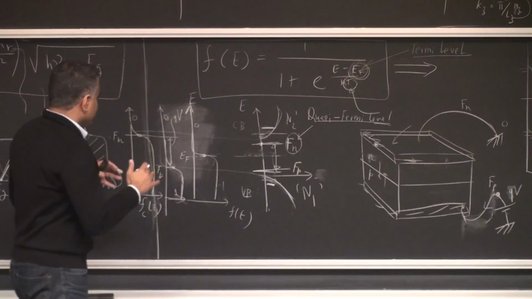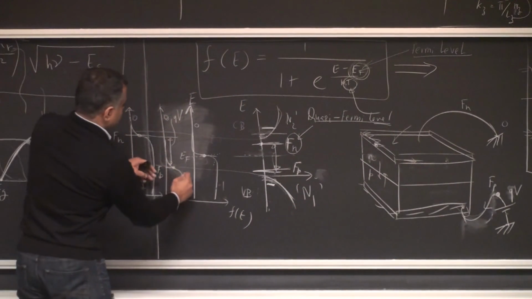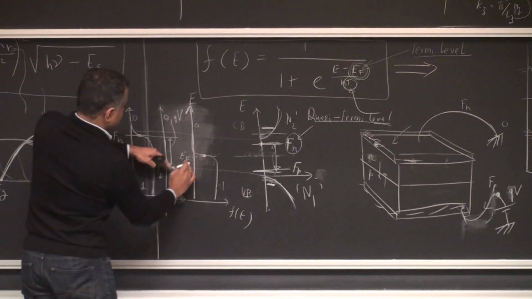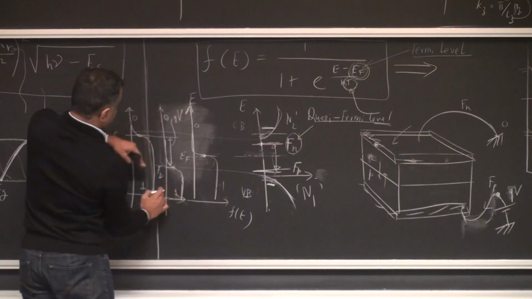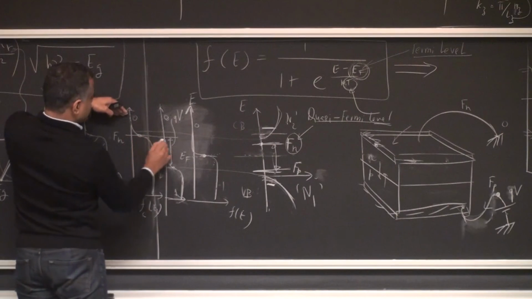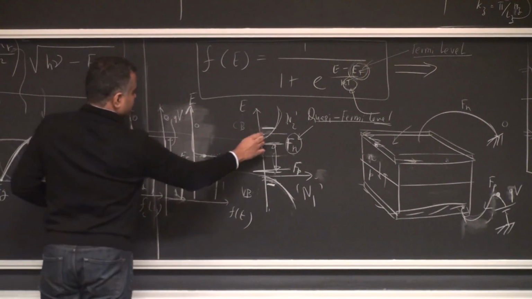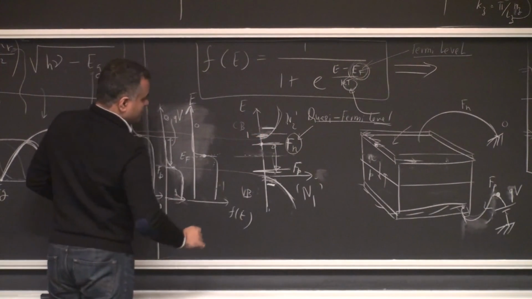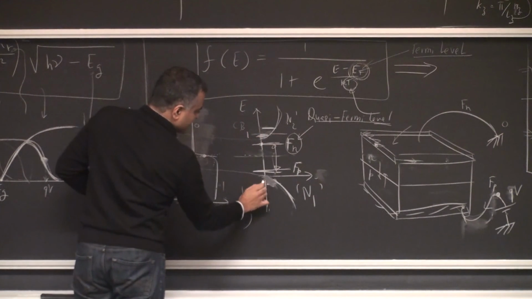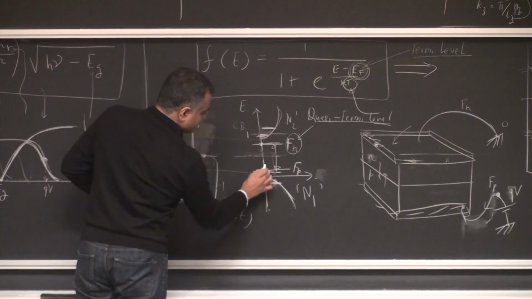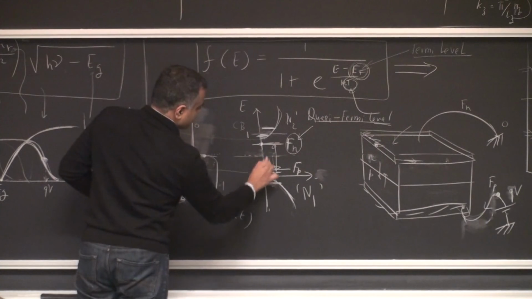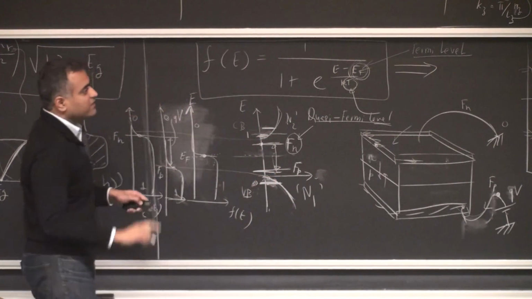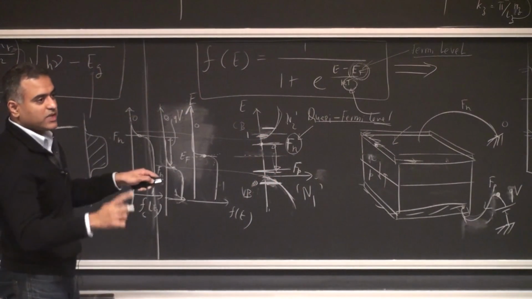Then I start applying voltage, and I split the Fermi function kind of like that. I fill up the conduction band here, I make this 1, and I empty out the valence band electrons, and I pull the Fp out here, and I make this 0, so I get a 1 minus 0. So that flips sign. It goes from minus 1 to plus 1 now.